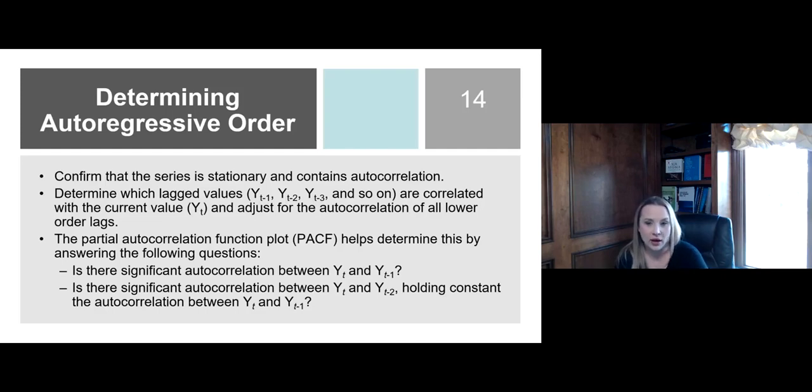Is there significant autocorrelation between y at t and y at t minus 1? Is there a significant autocorrelation between y at t and y at t minus 2 while holding the autocorrelation between y at t and y at t minus 1 constant? So we're going to be isolating the other correlations for that specific lag, holding the rest constant, to see whether there is, in fact, an autocorrelation at a particular given lag.